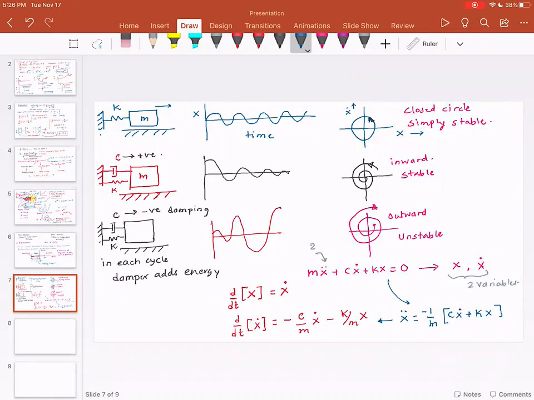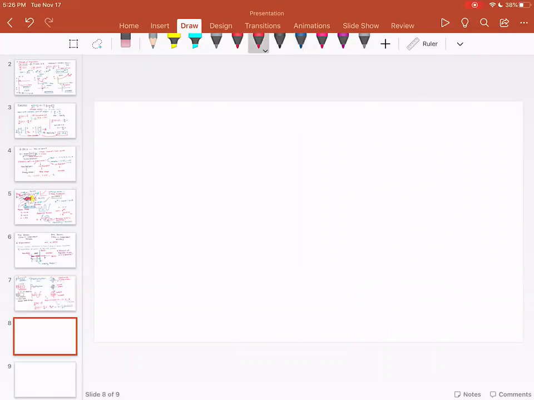So now I'm going to write this expression in the first order form. But please understand, we have damping present. So in the first order form, this equation is going to look like d by dt of x, x dot is equal to [0, 1; minus c by m, minus k by m] times x and x dot.